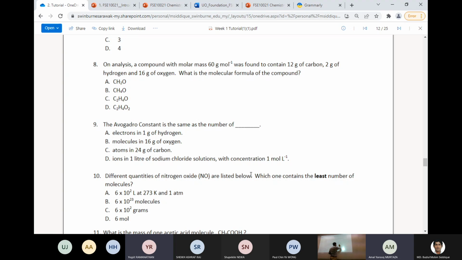And in 1 hydrogen molecule, this hydrogen has 2 electrons. Each of them has 1 electron, right? Hydrogen is 1 proton and 1 electron.